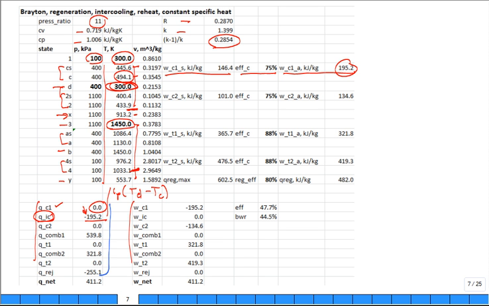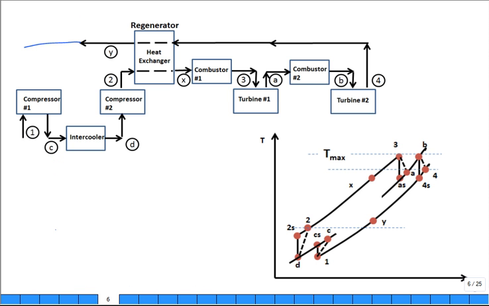If I sum this column right here, what does that give me? Q net. And if I analyze each component for the work, and I sum all of the works for the entire cycle, notice that I have to put in a rejection heat exchanger. Notice I close right here with a heat exchanger which rejects from Y to 4.